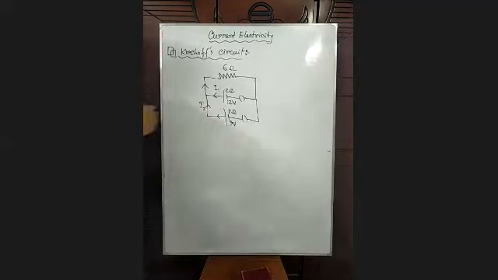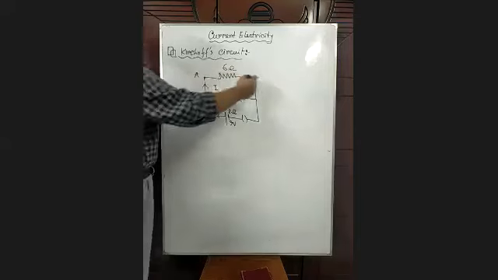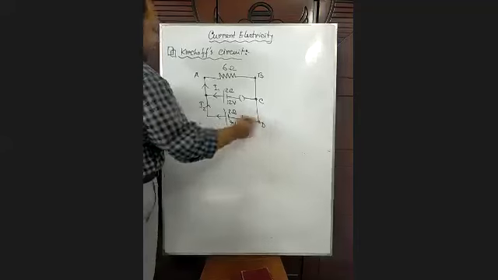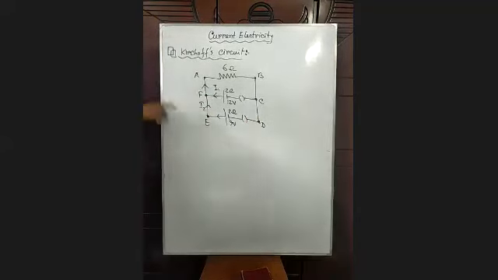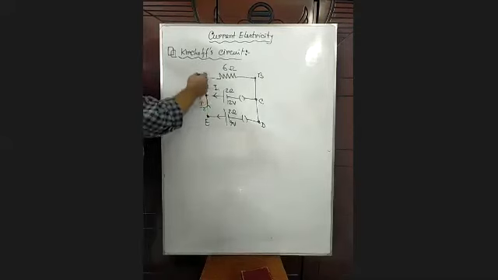Now these two currents meet at a point. Suppose this is A, this is B, this is C, this is D, this is E and F. If I consider the point F, I can see that the I1 current and I2 current are coming towards it, and another current goes away from it.